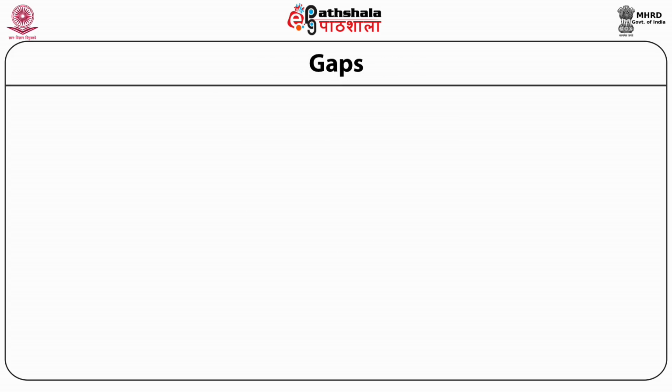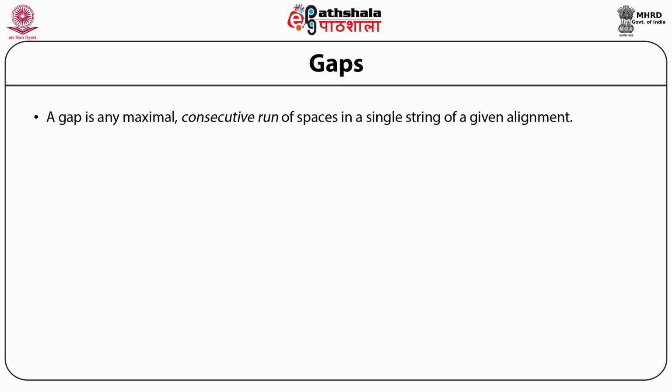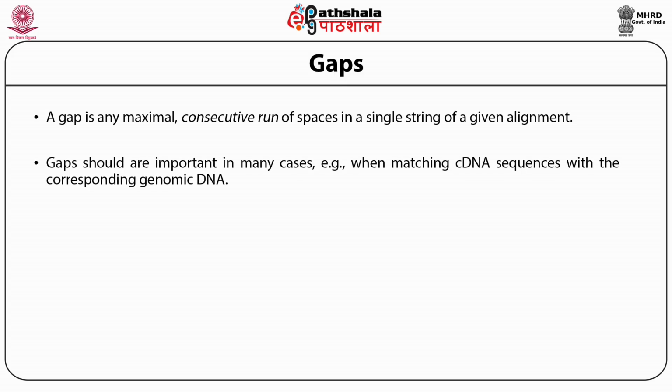Now, one question about gaps. As one has discussed before, a gap is any maximal consecutive run of spaces in a single string in a given alignment. Gaps are very important in many cases. For example, when matching cDNA sequences with the corresponding genomic DNA, you will have a lot of gaps wherever there are introns.